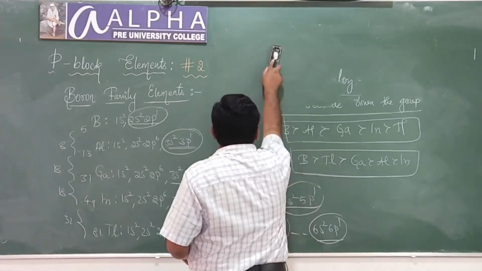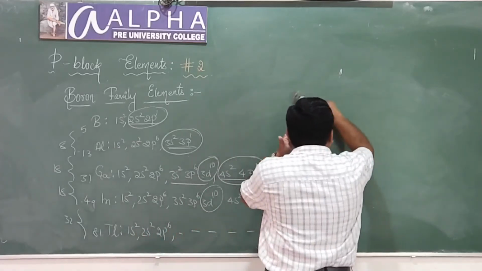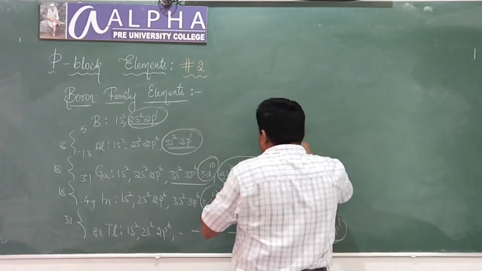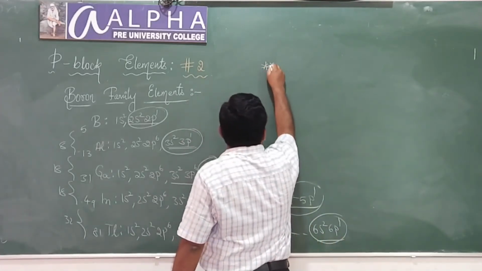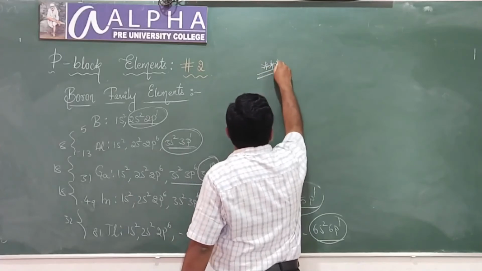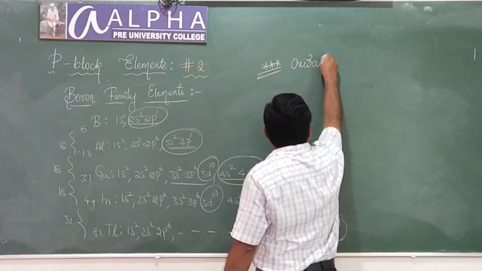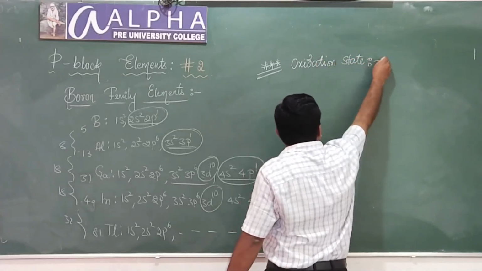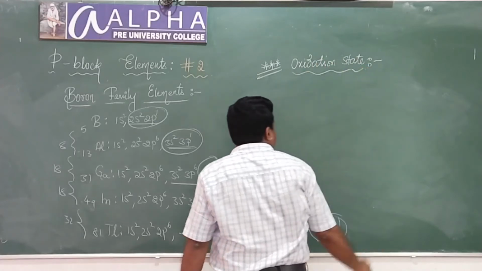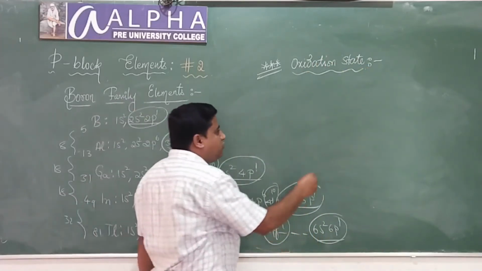Next, let us talk about the oxidation state of boron family elements. What is the general outer electronic configuration of boron family elements?